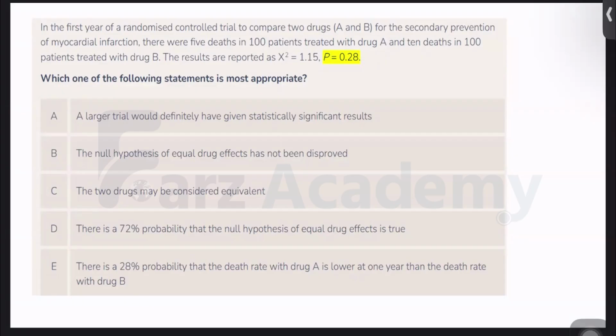So whatever null hypothesis you're going to get here, right? Because the error is so much, you cannot comment on the null hypothesis here. So what is the answer?